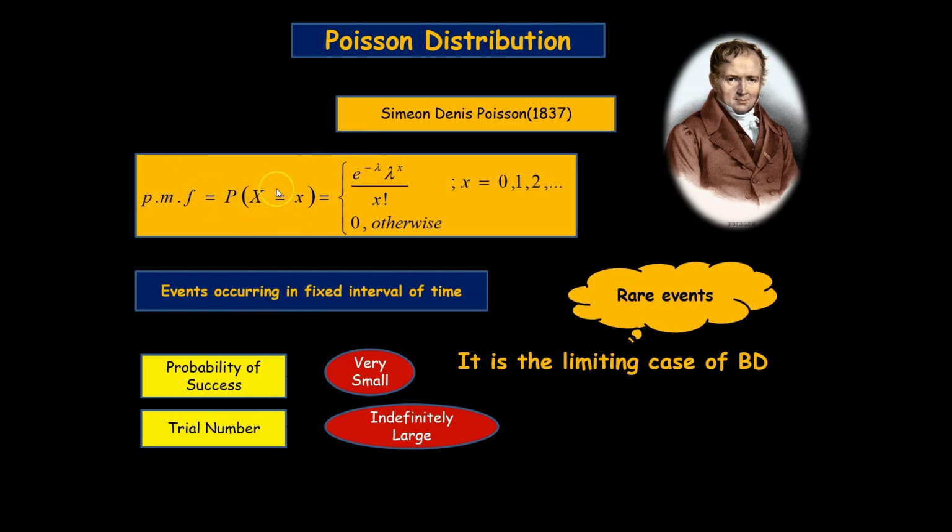So we can say a discrete random variable X is said to follow a Poisson distribution if its probability mass function, since it is a discrete distribution, is given in this form, that is e raised to the power minus lambda, lambda raised to the power x, divided by x factorial, where this lambda is a positive real number, or we can say this is the parameter of this Poisson distribution.